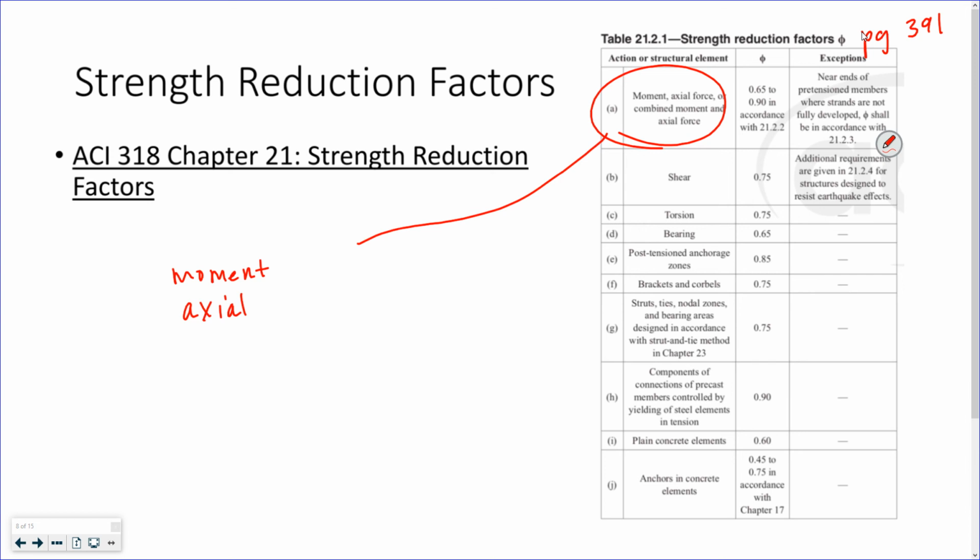But it could be, right? It could be subjected to tension or compression, like in an earthquake or something. But I wouldn't use reinforced concrete as your tension brace. It's moment, axial, moment plus axial.